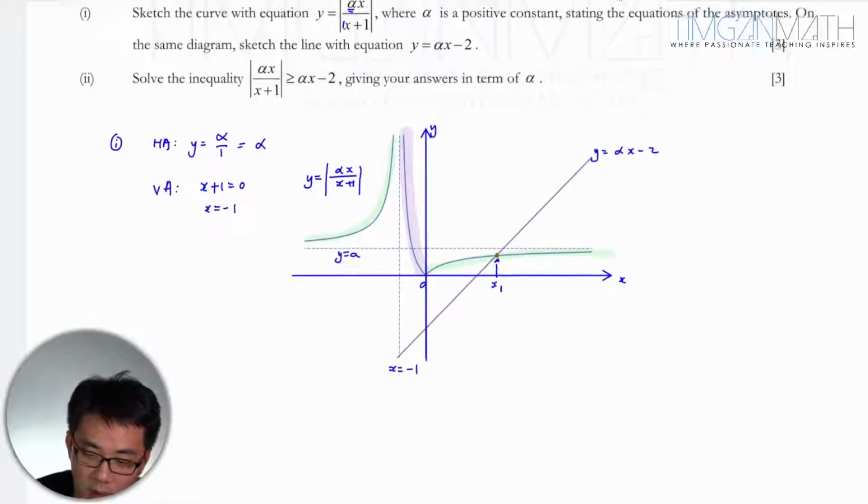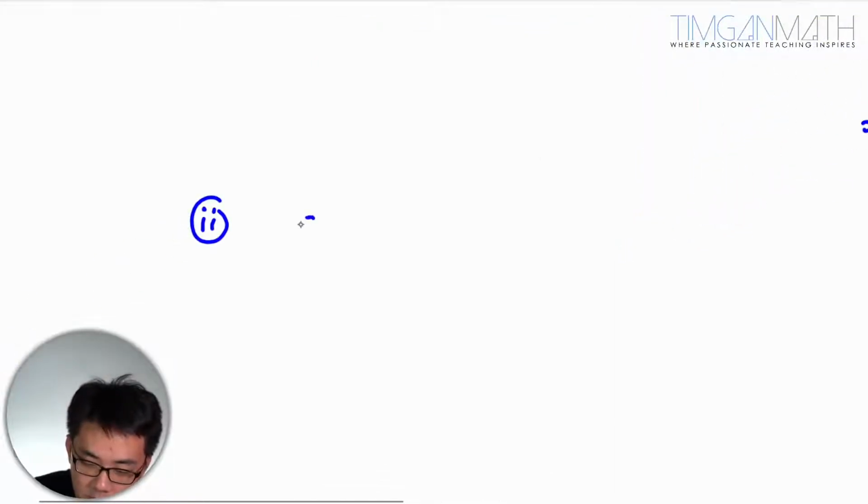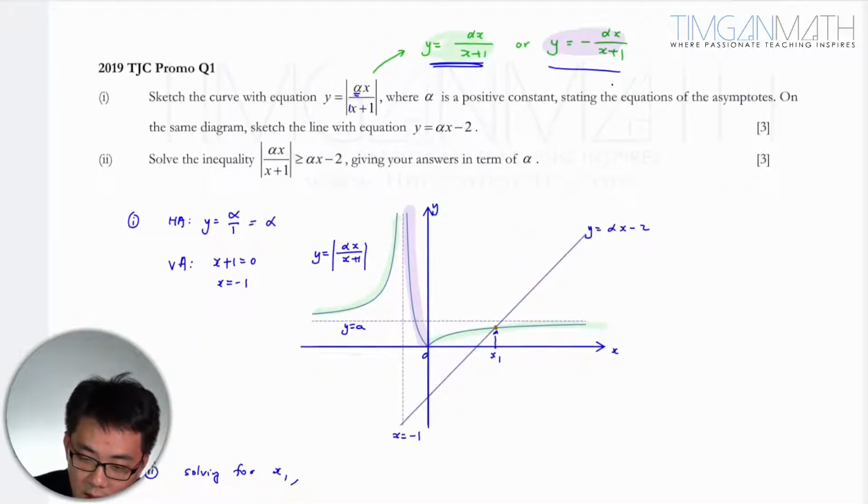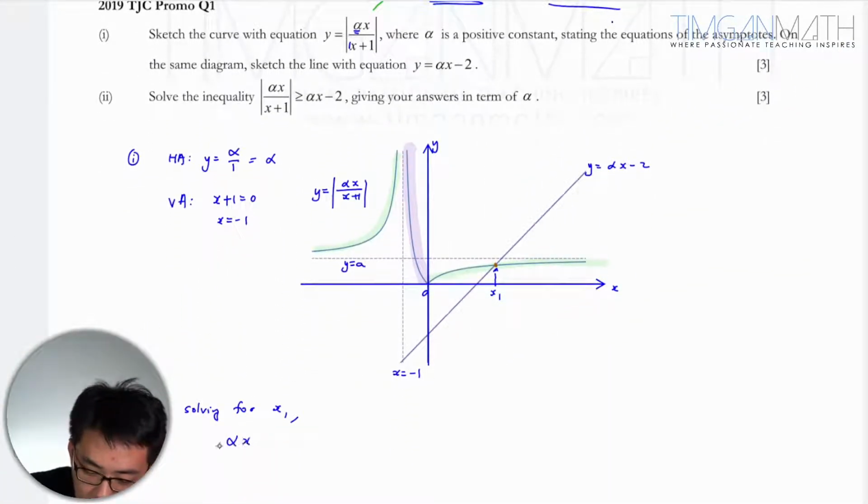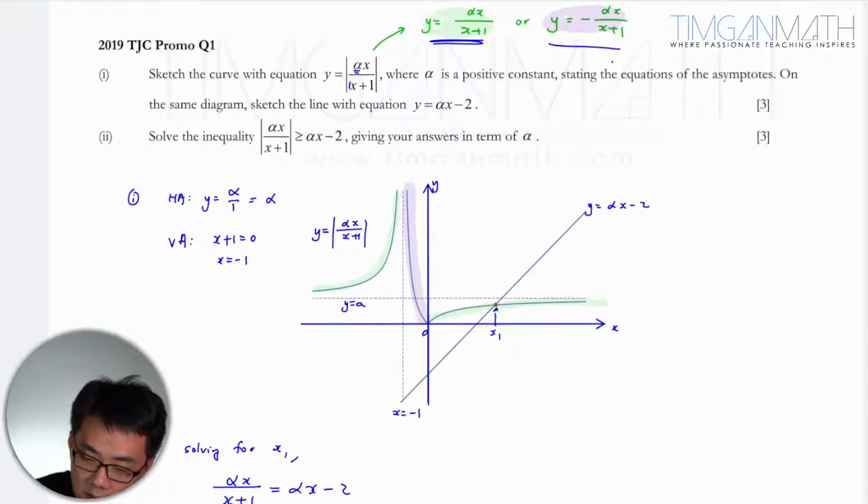So to solve for x1, what you get is to take alpha x squared, alpha x, the positive one, intersect with alpha x minus 2. So this equation and this equation, connect them. Okay, so you will get the answer there.